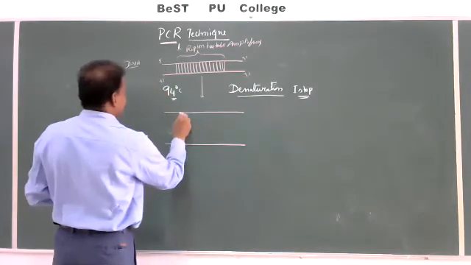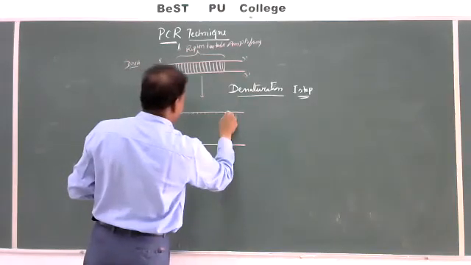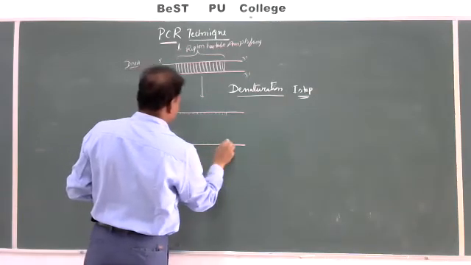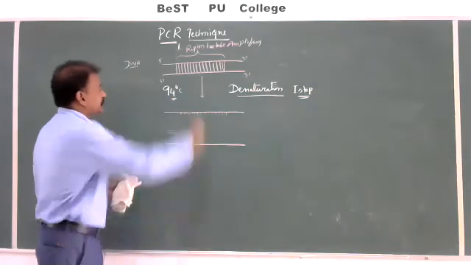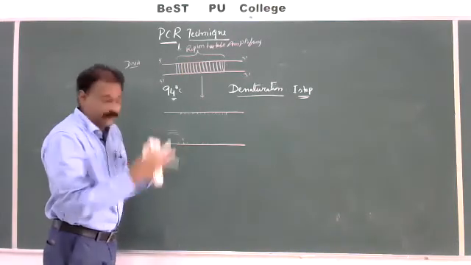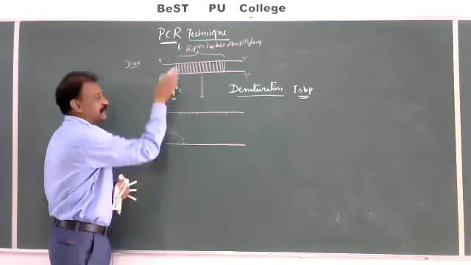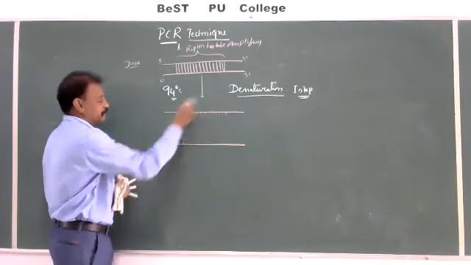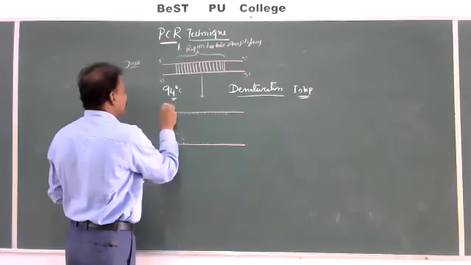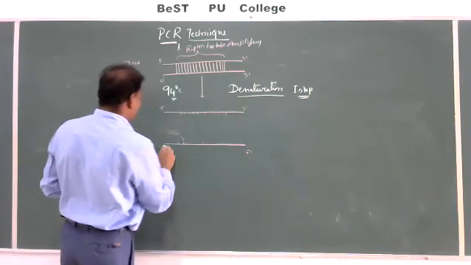Separated. So the DNA molecule, which has two strands joined with hydrogen bonds, when exposed to high temperatures, has its bonds broken and separates into single stranded DNA molecules.